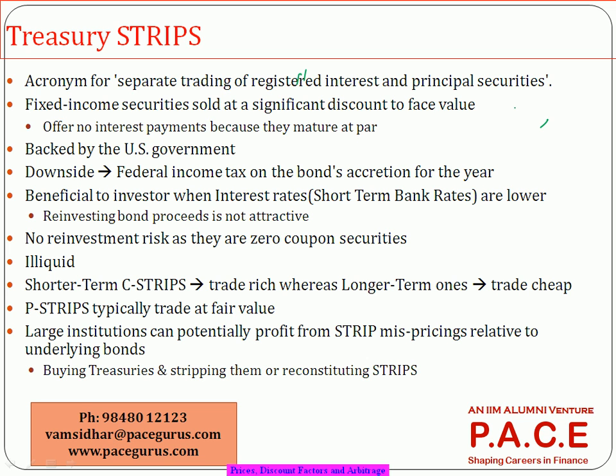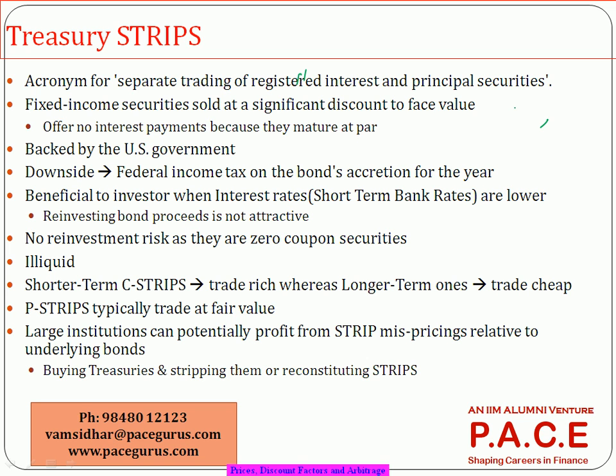But still, as per the taxation laws, especially on your coupon strips, even though you are not receiving any interest in the middle, you have to pay tax to the extent of accrued interest.